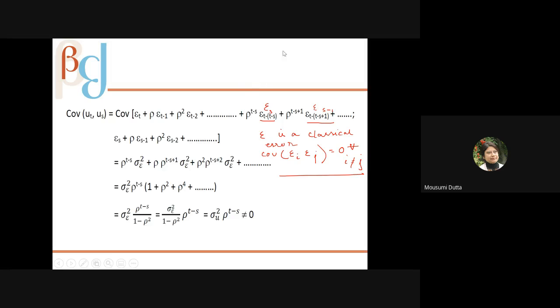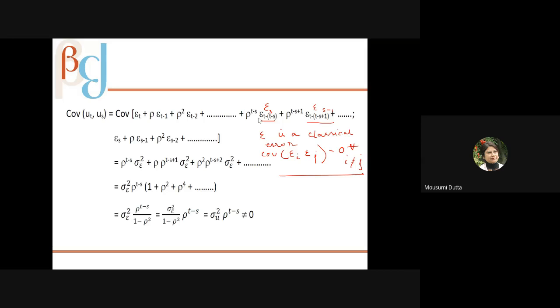So there is a situation: rho to the power T minus S epsilon S, covariance between this rho to the power T minus S epsilon S and this epsilon S. Now, if I consider covariance between epsilon S and epsilon S, what does it give? Variance.